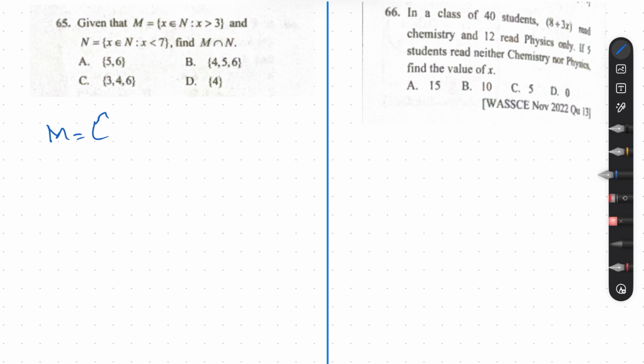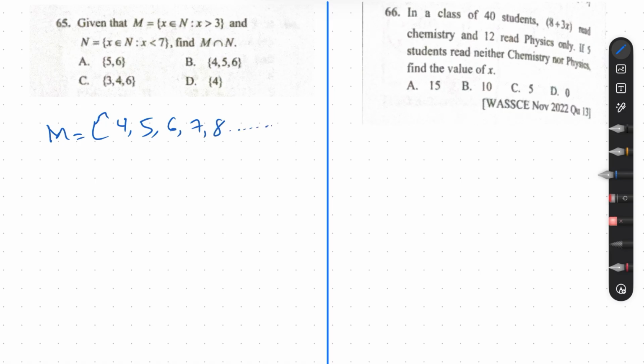The N here means natural numbers, which is greater than 3. So let's just write 4, 5, 6, 7, 8, up.